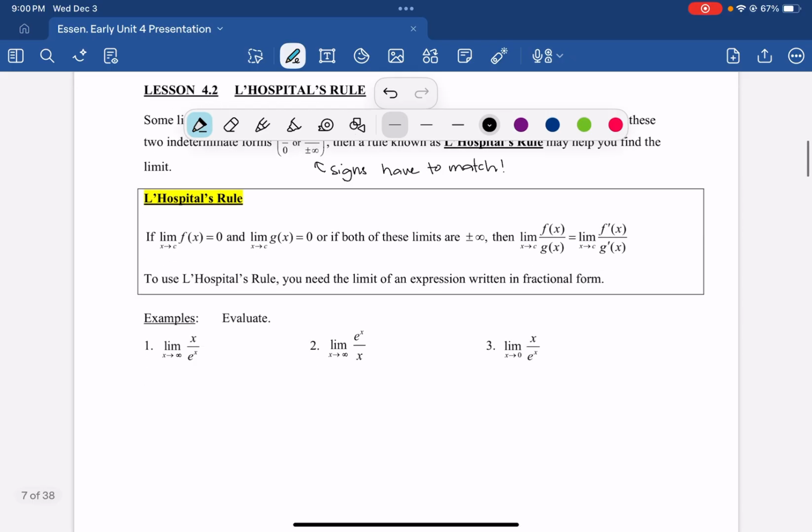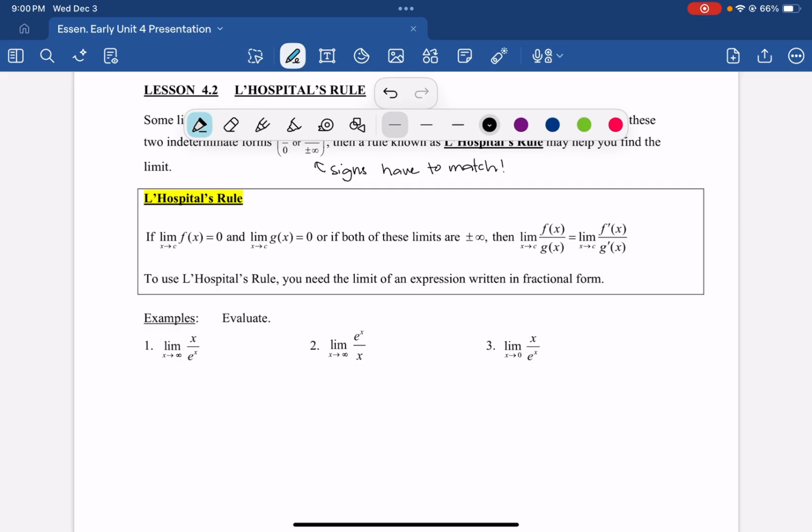And L'Hopital's rule says if the limit as x approaches c of f of x equals 0 and the limit as x approaches c of g of x equals 0, or if both of these limits are plus or minus infinity, then the limit as x approaches c of f of x over g of x is equal to the limit as x approaches c of f prime of x over g prime of x.